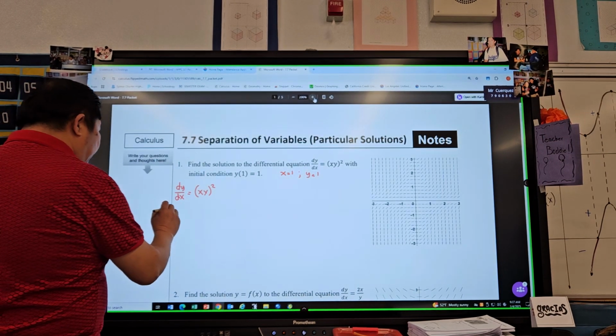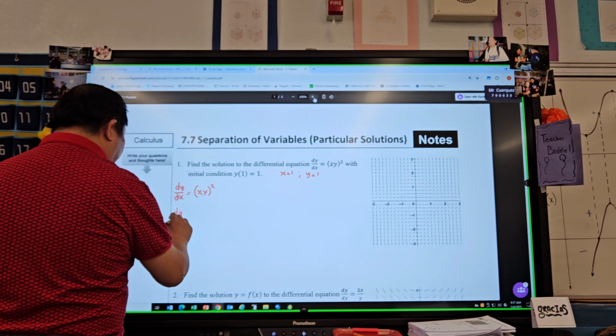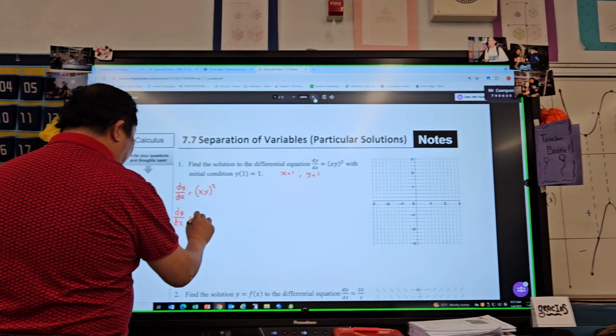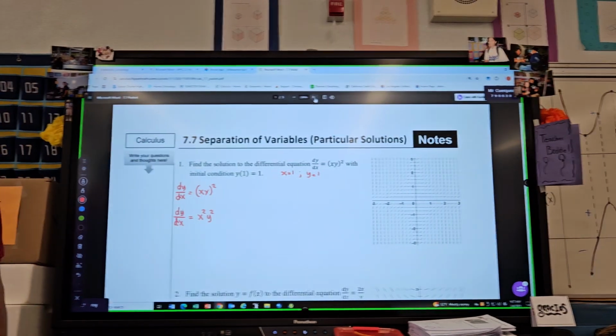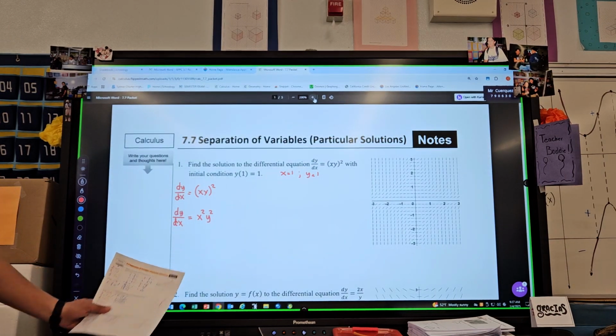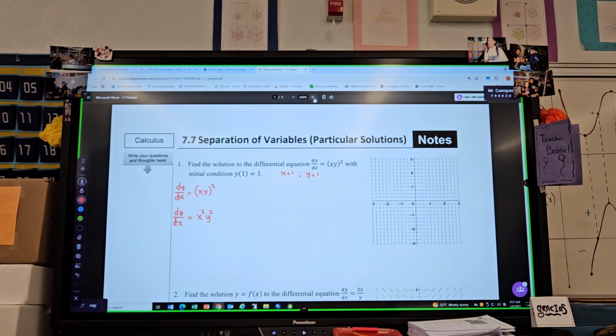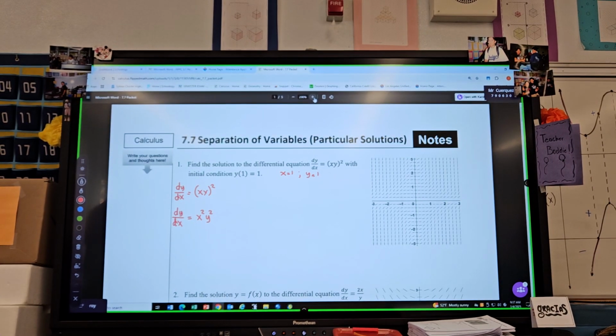This is simply written as x squared y squared. Is this clear? Okay, now we can separate the variables.